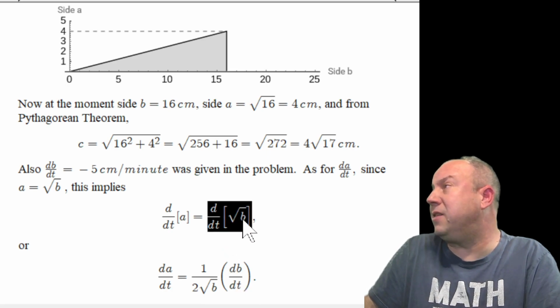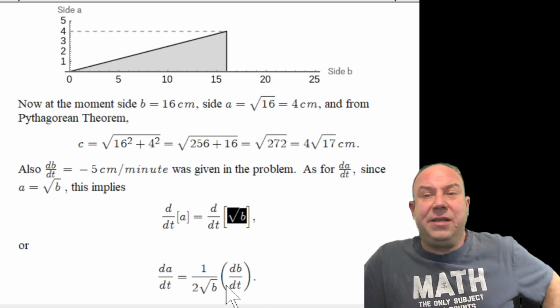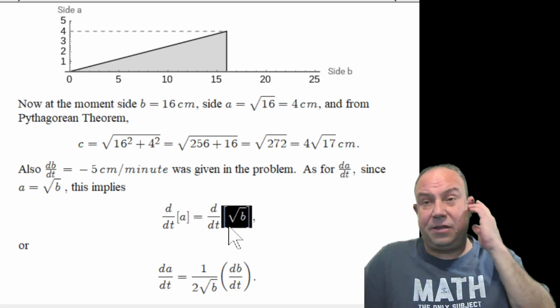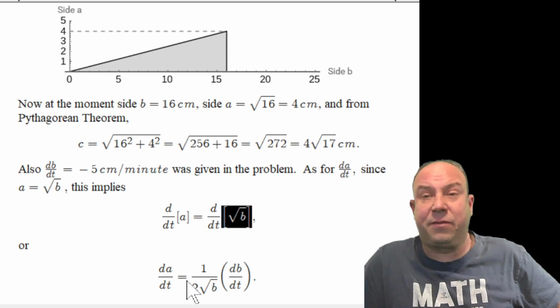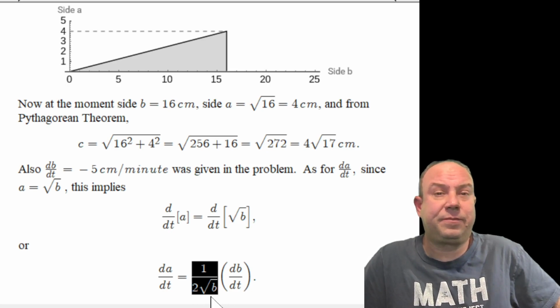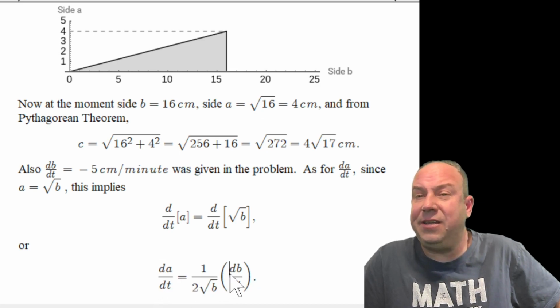Because when I apply this derivative operator to the square root of B, it is going to be dB dt times the derivative with respect to B for the square root of B, which is 1 over 2 root B. And this becomes the relationship between dA dt and dB dt.